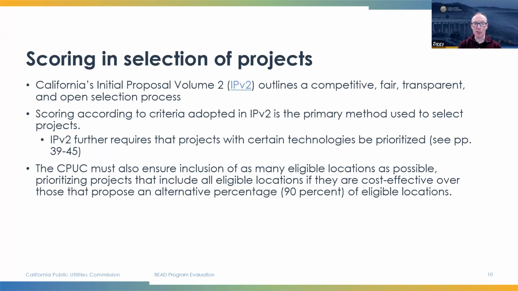CPUC also has to make sure that as many eligible locations as possible are included at the best available technology type. And that means prioritizing projects that include all eligible locations, if they're cost effective, over those that propose a lower percentage of coverage of eligible locations. Next.